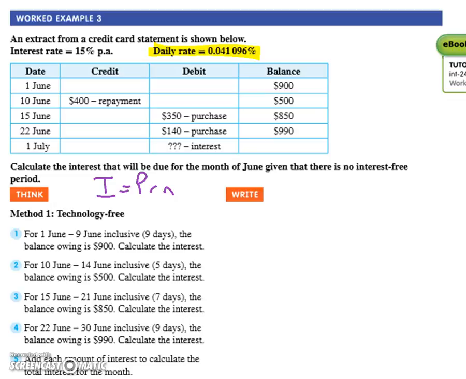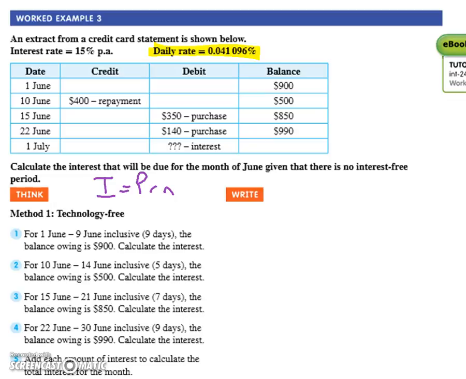How much did they owe on the 2nd of June? 3rd of June? 4th of June? 5th of June? 6th of June? 7th of June? 8th of June? 9th of June? What about the 10th of June? Right, so for how many days did they owe $900?